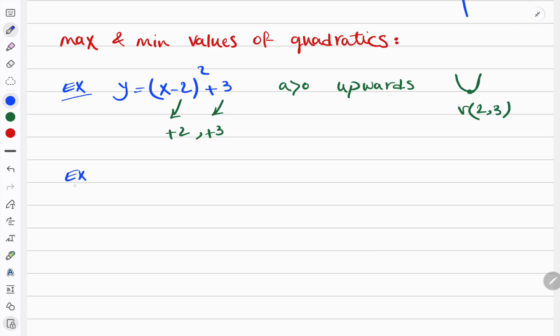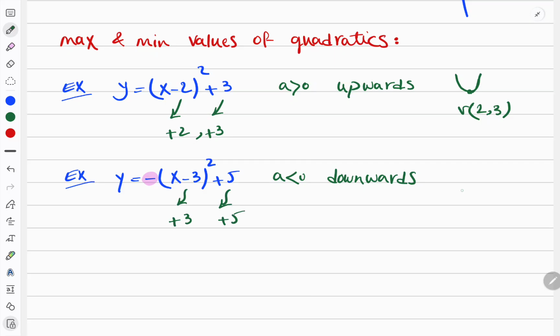And as another example, y equals negative x minus 3 squared plus 5. So you can see that a here is a negative number. So this graph opens downwards. And the vertex is positive 3 and positive 5.